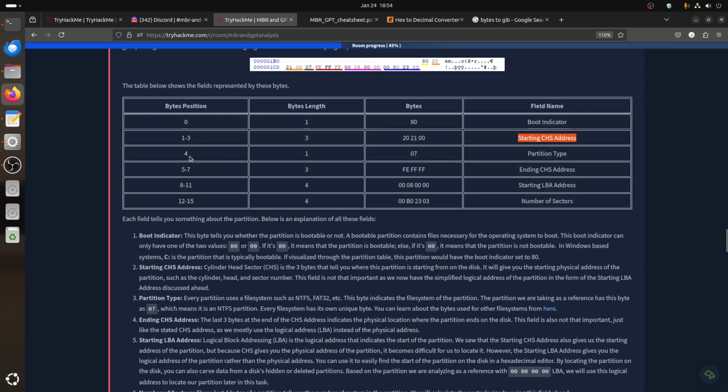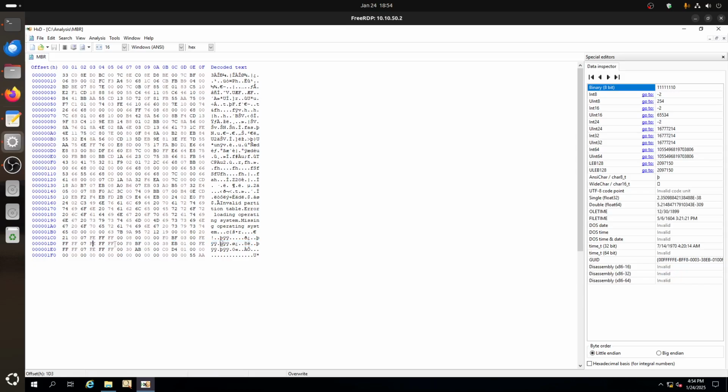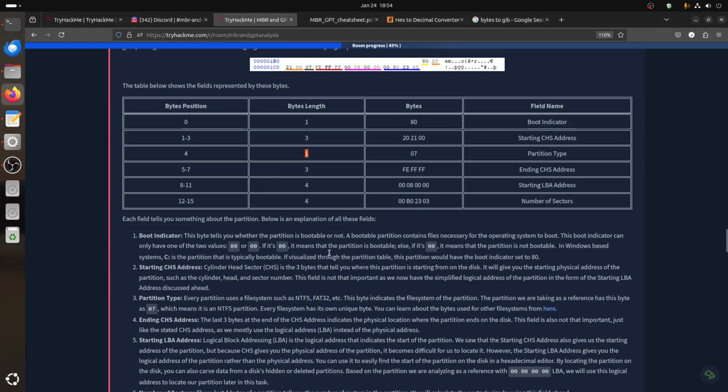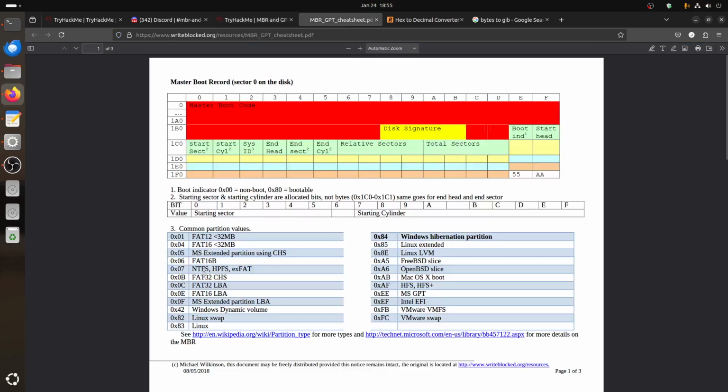The next one is the 1 byte partition type, which is 07, so we know it's the same partition type as the example. It means it's NTFS, because Windows, I don't know why they have 7 there.